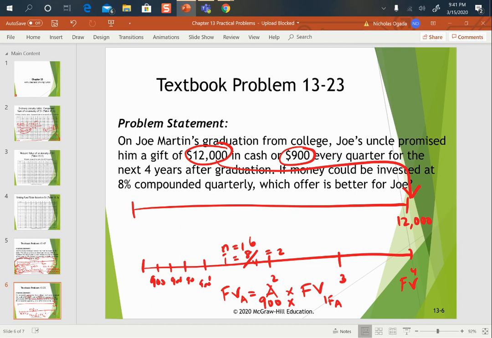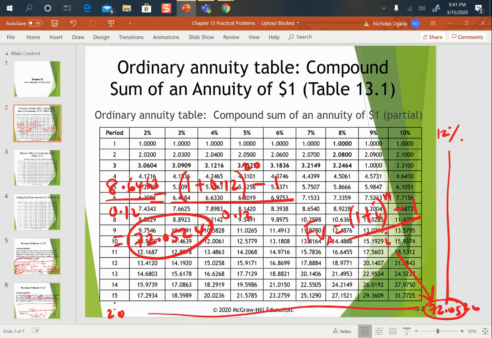So if you go to the table, you can find the future value of the ordinary annuity. This is the table you need to go to. It's the same table. I'll look at 16 periods and 2%.